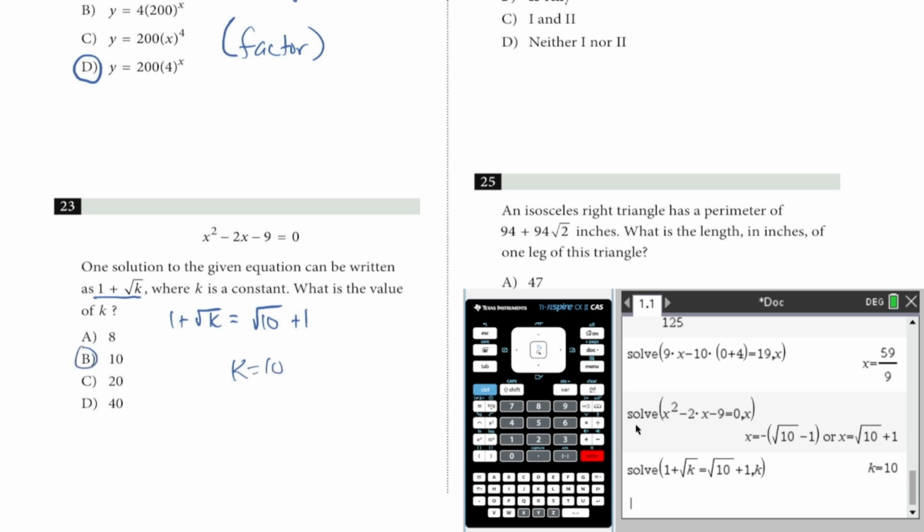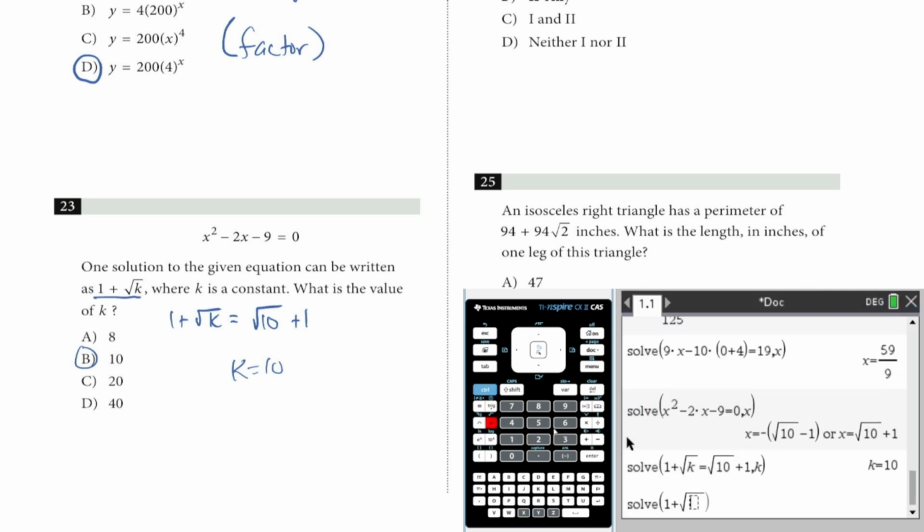Let's just say I didn't know which solution it was, meaning I didn't know if it should have been the parentheses one or not. If you do it with the wrong one, so I'll do the same thing, 1 plus the square root of k, but we'll do the other answer choice. So we'll do the one that says negative, parentheses, square root of 10 plus 1, comma k.